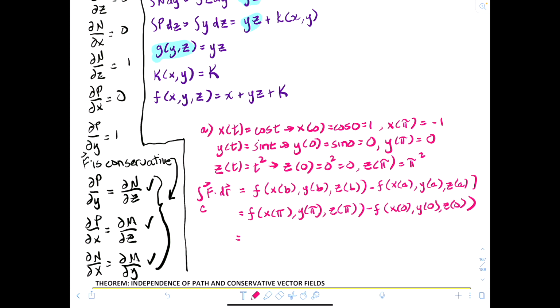So basically this ends up being f at -1, 0, and pi squared. Or no, sorry, we got to do the b's first, right? So, oh yeah, that was it. -1, 0, and pi squared, minus our potential function f evaluated at 1, 0, 0.